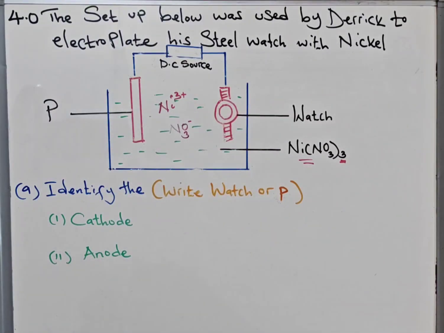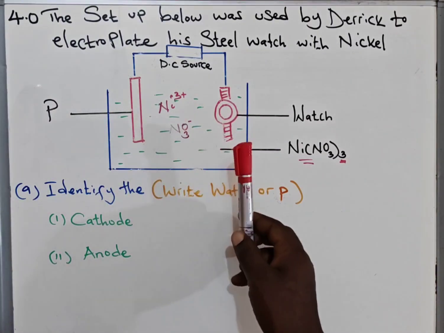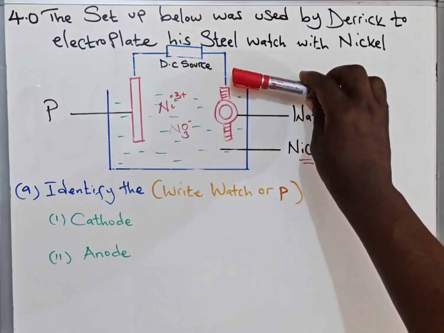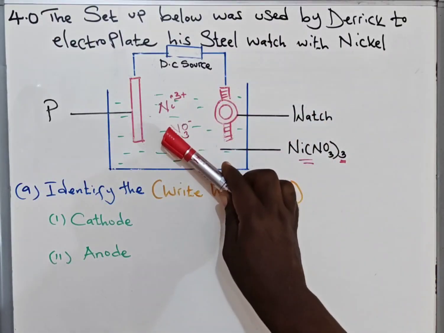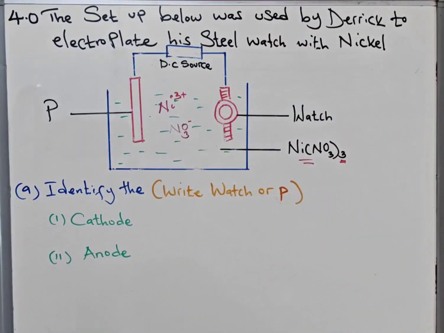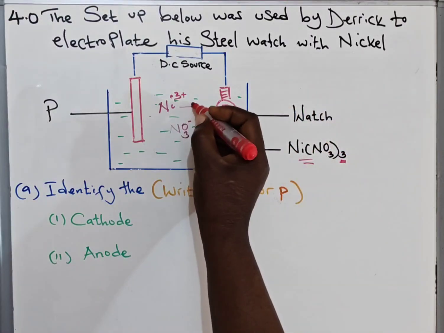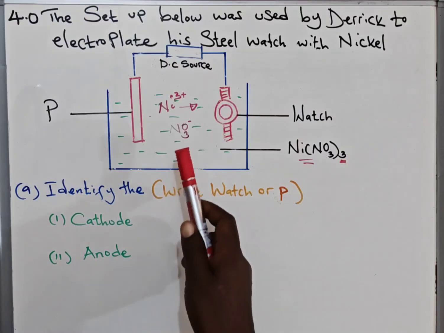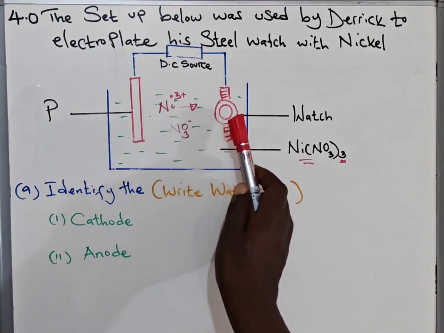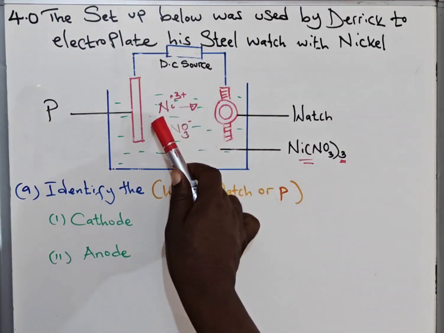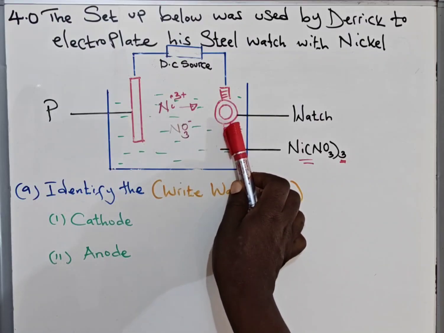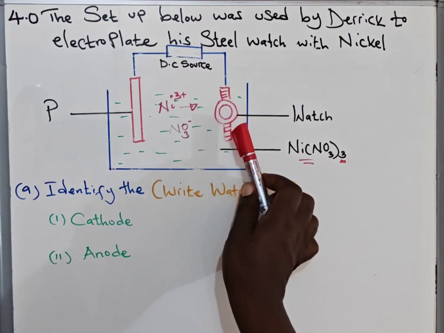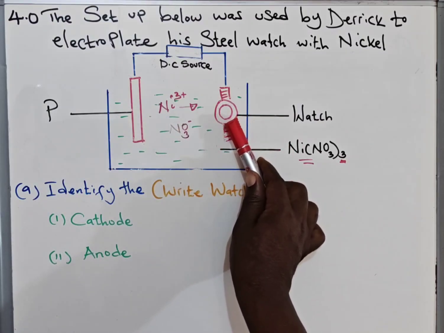So what is the intention of this setup? It is to electroplate the watch with nickel. So this implies that nickel ions are migrating towards the watch. If they are migrating towards the watch, it means that the watch is negative because positive ions are moving there. So what do we call a negative electrode?